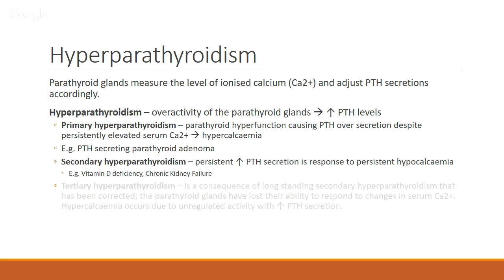And there's also tertiary hyperparathyroidism, but you guys don't need to know about it. So importantly, calcium levels are up in primary hyperparathyroidism and they are low in secondary. And you guys can just work it out in your heads. Why?